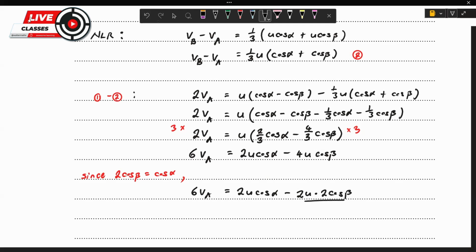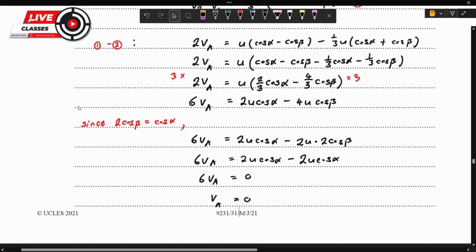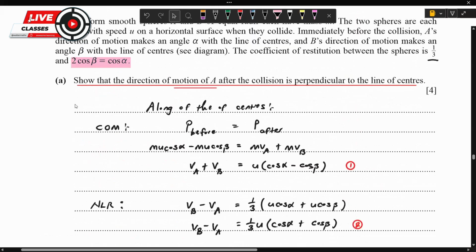So this is equivalent to this, right? So 6VA is equal to 2U cos alpha minus, and for 2 cos beta, we use cos alpha. So it's 2U cos alpha. So technically here on the right side, we're getting 0. So 6VA is equal to 0 and VA is equal to 0. All right, so we're getting VA to be 0.